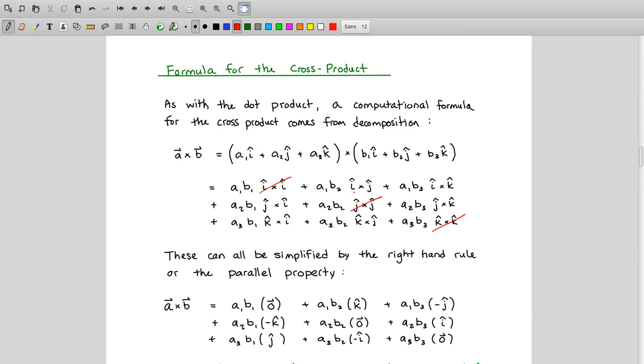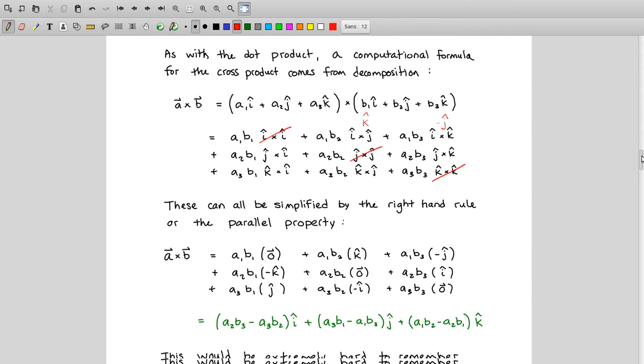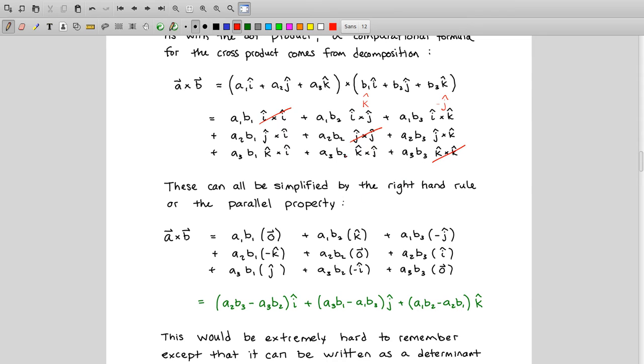And then the cyclic relation of the basis vectors says that i cross j is k, so this becomes k, and i cross k is reverse cyclic, so that's going to give us negative j, and so on. We can simplify all of these cross products of the basis vectors into a simpler relationship down here.